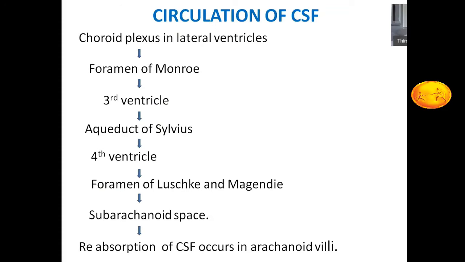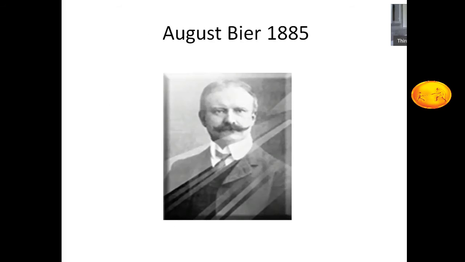So there is a continuous current, that is, flow of the CSF from the lateral ventricle and continuous reabsorption through the arachnoid villi. This flow helps your local anesthetic to spread upward and downward in the CSF and block the spinal nerves.